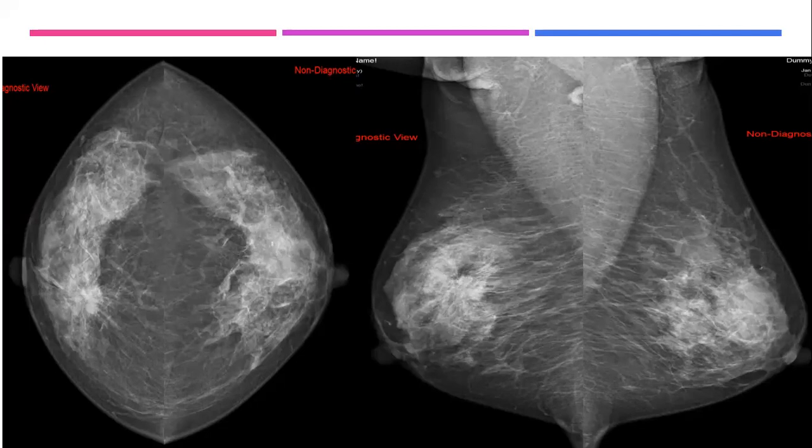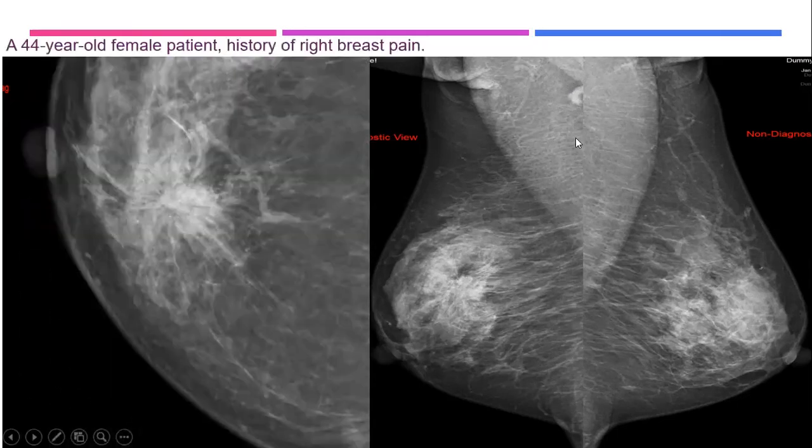Even here, you can see a band-like density extending toward the nipple. And here there is fullness, more density compared to the contralateral side, and the skin is relatively slightly thicker compared to the contralateral side, and we could appreciate part of a lymph node. We could not further characterize it, okay?